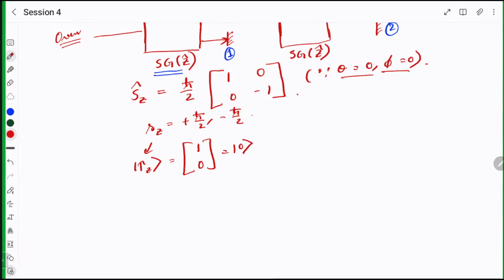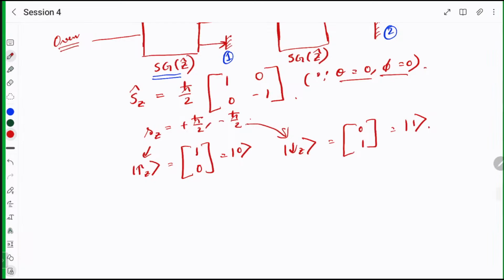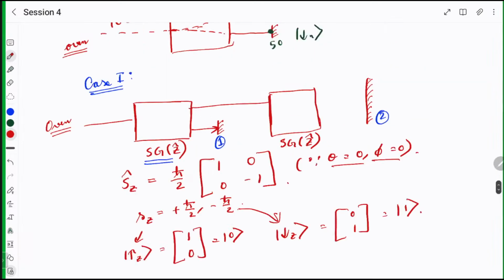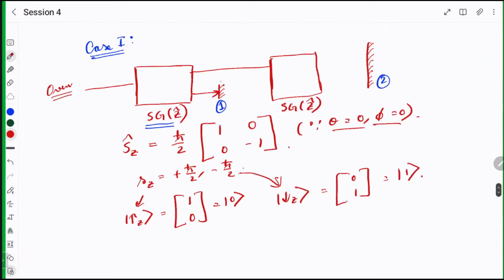And corresponding to minus h cross by 2, you will have the down z, which is 0, 1, or just get 1. Okay, so what we are doing is that we are putting a screen in the lower part.